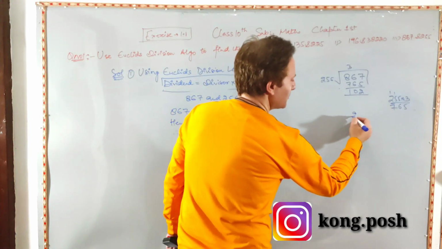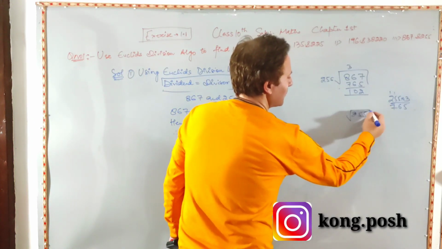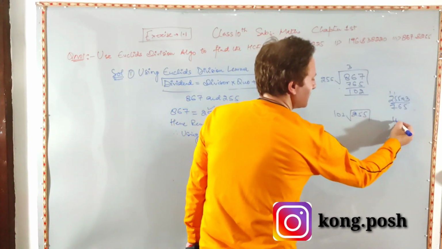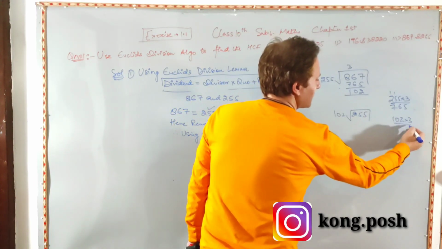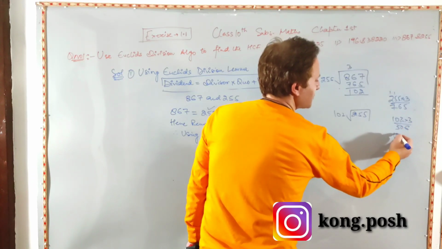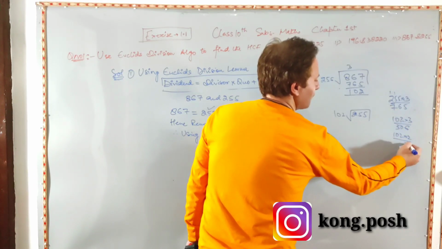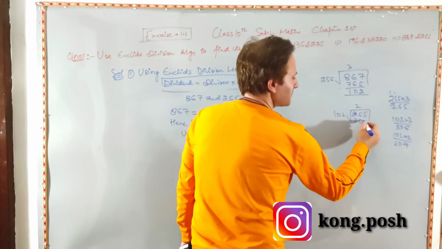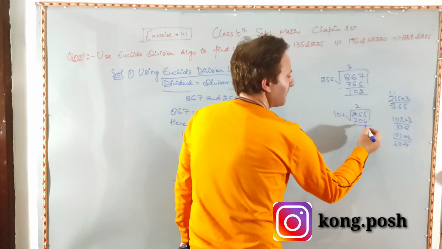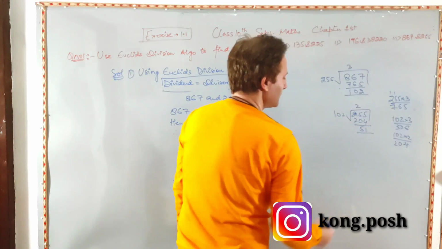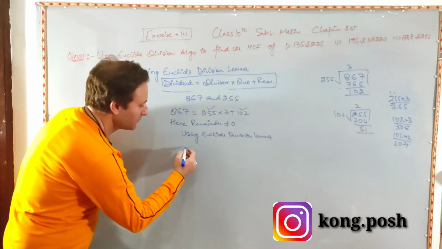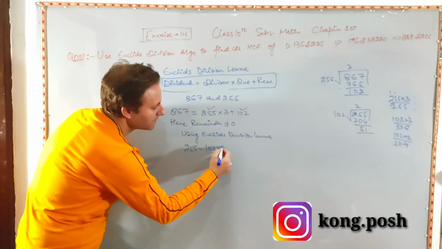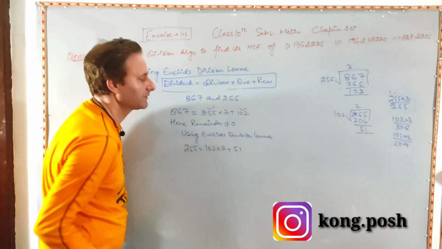Let's divide it. 255 divided by 102. 102 multiplied by 3 will be more, 306. So 102 multiplied by 2, 204, and the remainder is 51. So I can write 255 is equal to 102 multiplied by 2 plus 51.